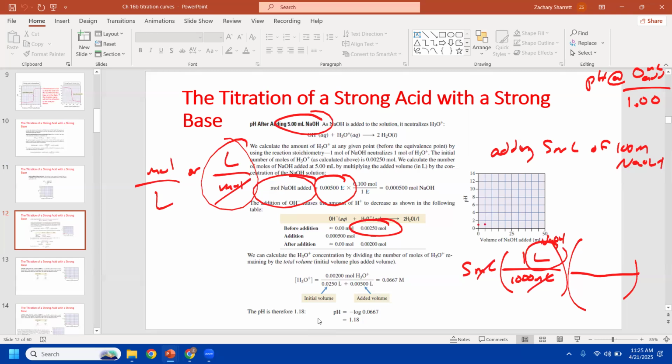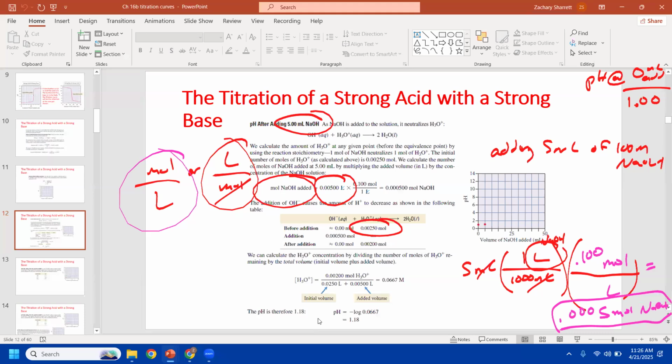So we have to use this one over here, moles per liter. That means we're going to put the 0.100, which comes from the molarity of the NaOH that's added. So 5 divided by 1,000 is 0.005 times 0.1 gives us 0.0005 moles of NaOH added. So in that 5 mils of 0.1 molar NaOH that we added, there's 0.0005 moles of NaOH.